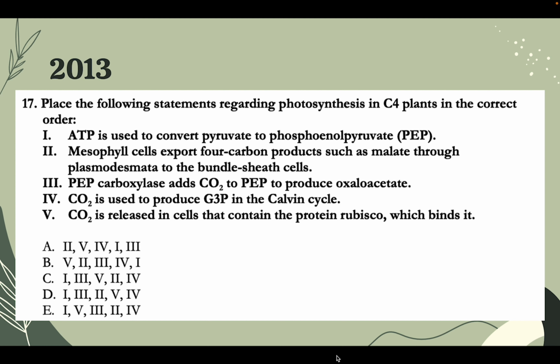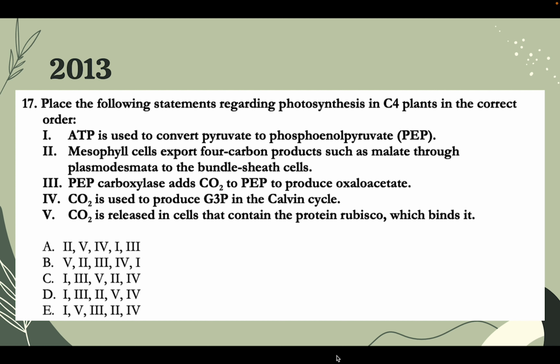So I'm going to start with number 3 because that just feels most logical to me. PEP carboxylase adds CO2 to PEP to produce oxaloacetate. So what happens next is oxaloacetate gets turned into malate or other organic acids, and those are moved to the bundle sheath cells. And that sounds like number 2.